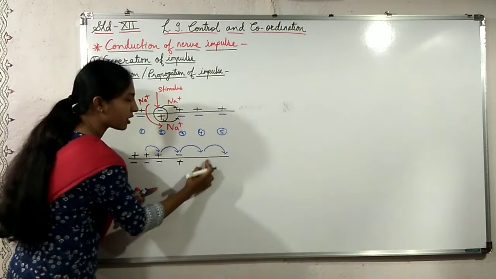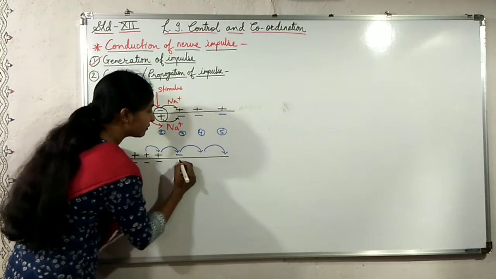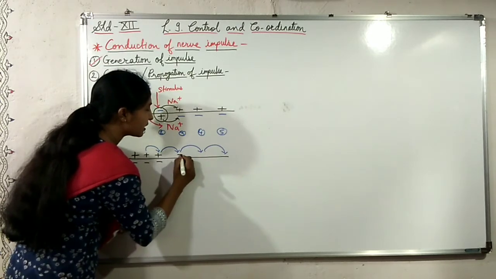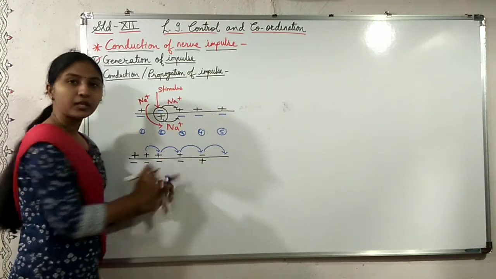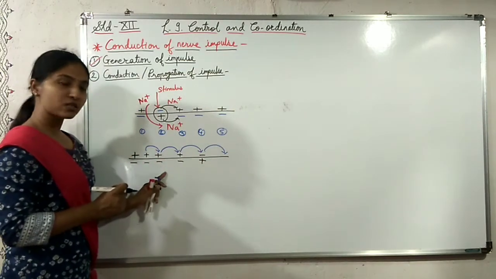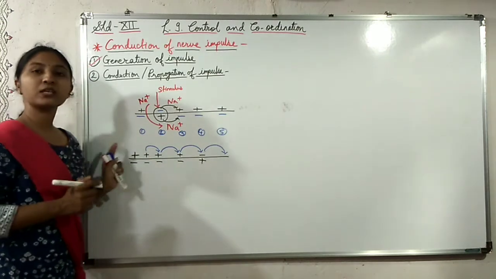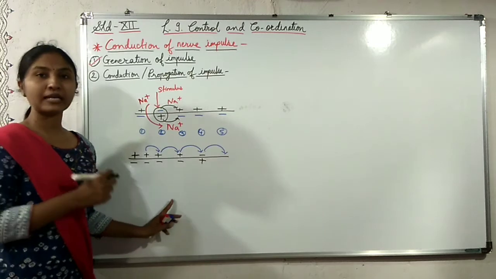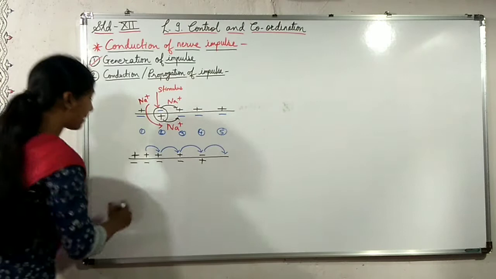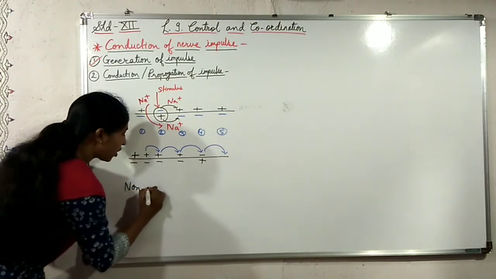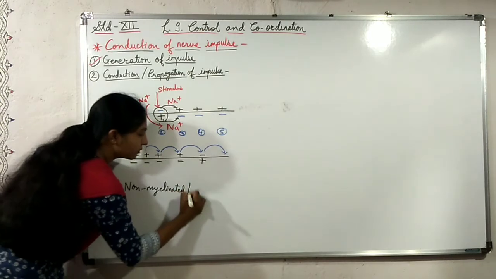As the impulse travels from this point to this point, here again it will become repolarized, and this will become depolarized. In this way, the impulse gets transferred from one point to another point. So this happens in the case of a non-myelinated fiber.